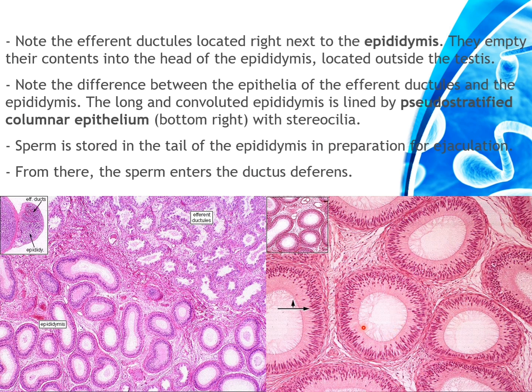Another very important identification point is that the inner profile of the ductus epididymis is very well defined. In all these sections you can appreciate a very clear inner profile as compared to the efferent ductules or the seminiferous tubules. The efferent ductules present here are lined by pseudostratified epithelium with cilia.